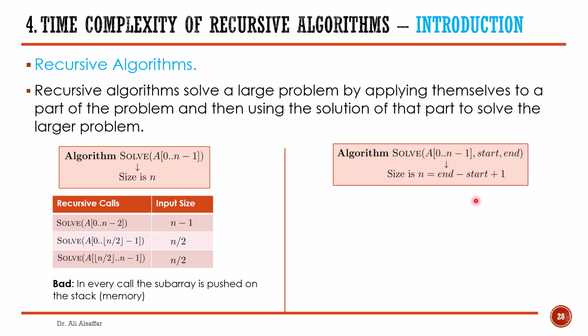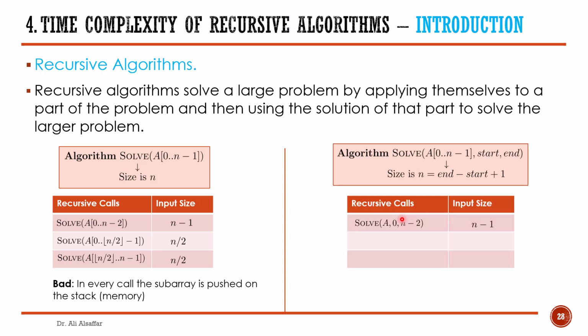But how is the input size computed from the subarray indices? It is computed by subtracting the start index from the end index plus 1. Now when you call the algorithm recursively, simply you write the name of the array followed by the subarray indices. For example, in this recursive call, if the start index of the subarray is 0 and the end index is n-2, then the input size is equal to n-1.